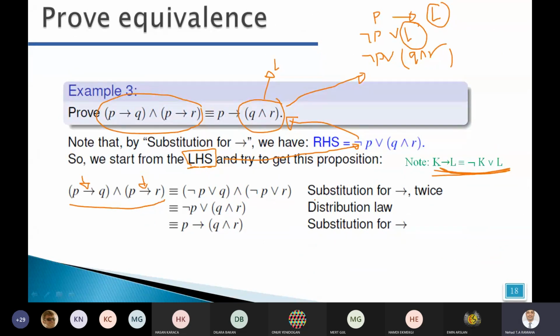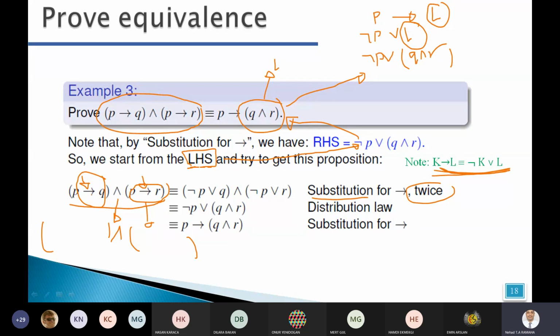We can use the substitution law twice, because we have here an implication and an implication. This one as it is, and this side.